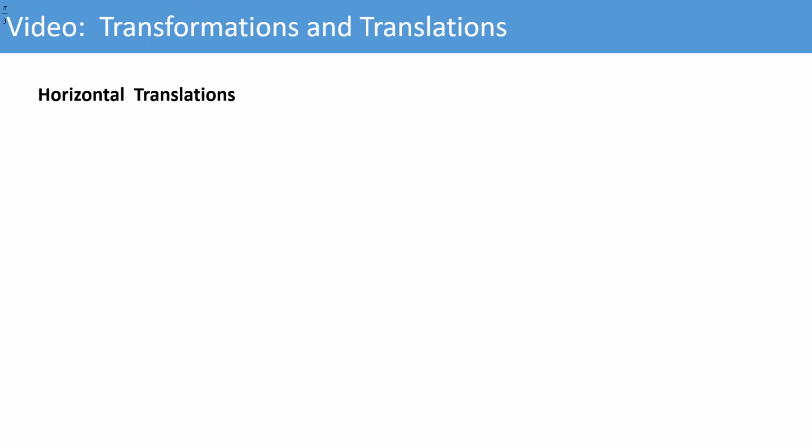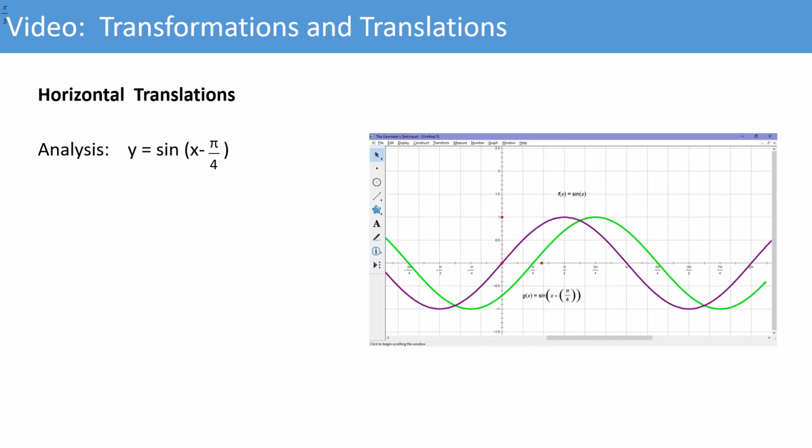Horizontal translations. The analysis: y equals sine, bracket, x minus pi over 4, bracket. The d has to always be in a bracket with the x value, a single x value. More about that later. The graph is shown here in green. The value of d is pi over 4. The direction is to the right.